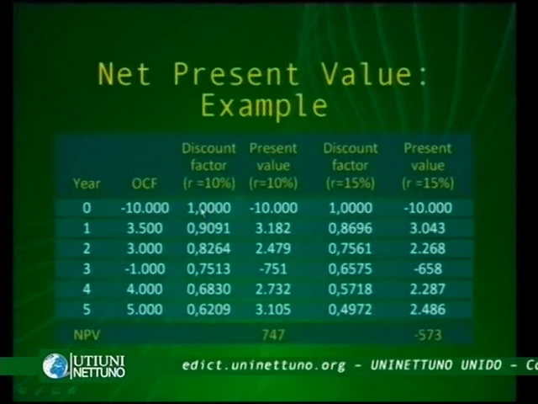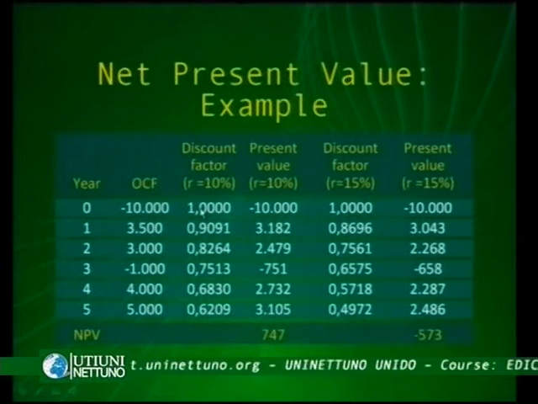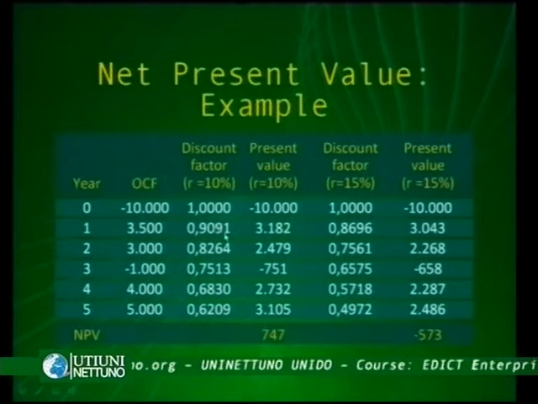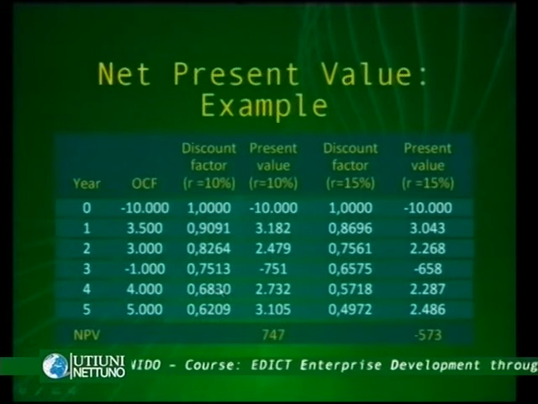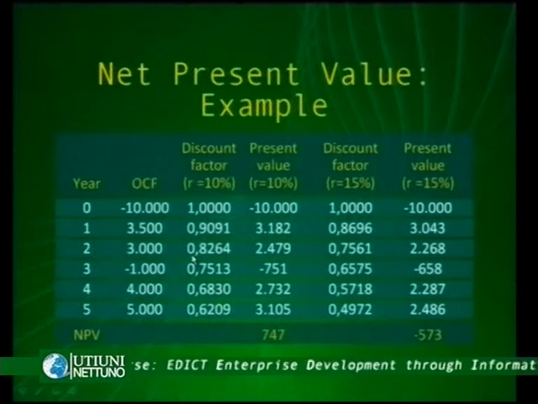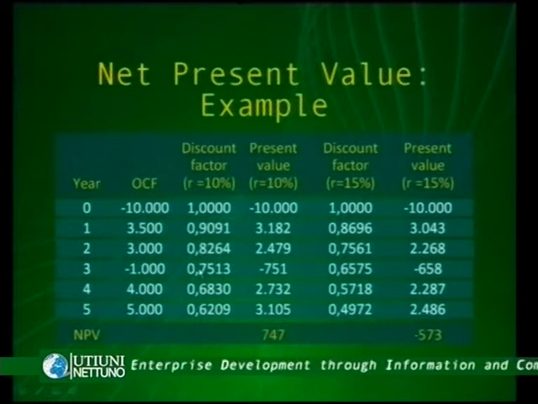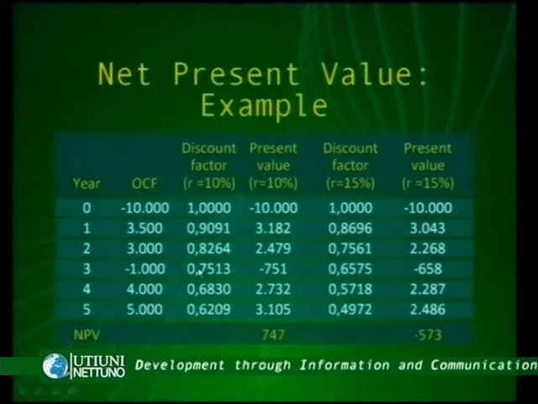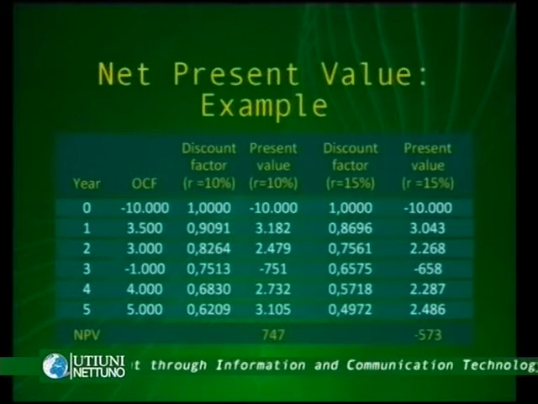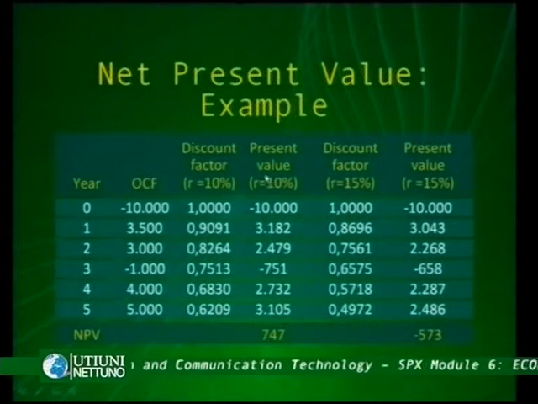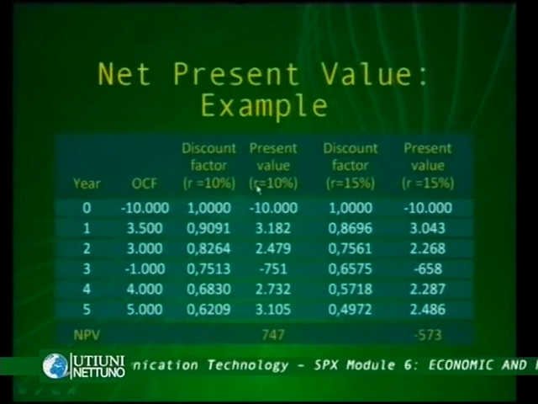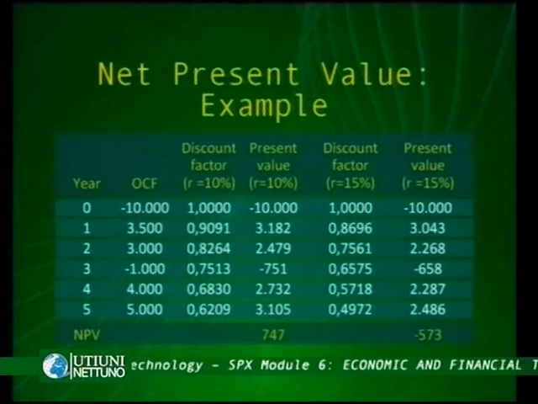As we know from previous classes, the discount factor decreases over time as the power of the discount factor increases, and this is a denominator, so this means that the discount factor is going to decrease when t increases. At this point, we are under the assumption that the discount rate is equal to 10%.